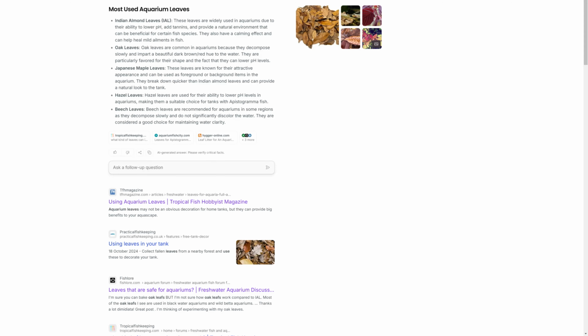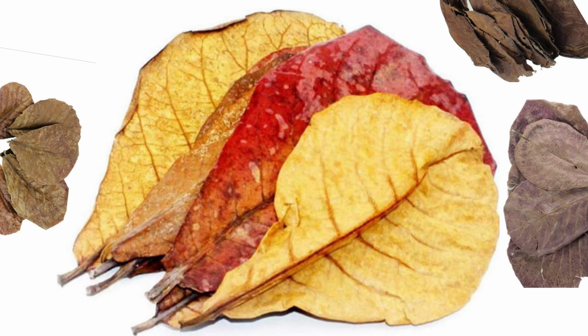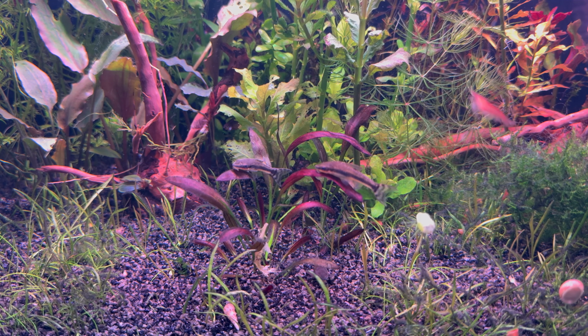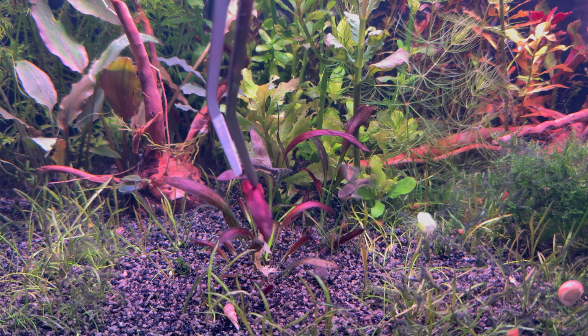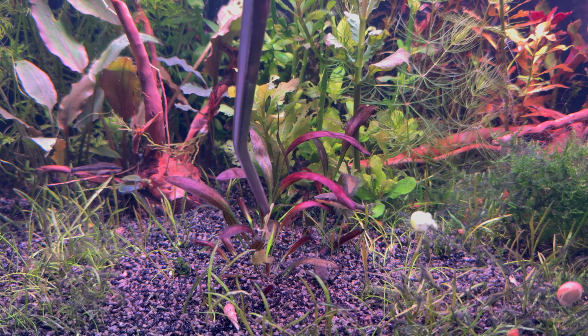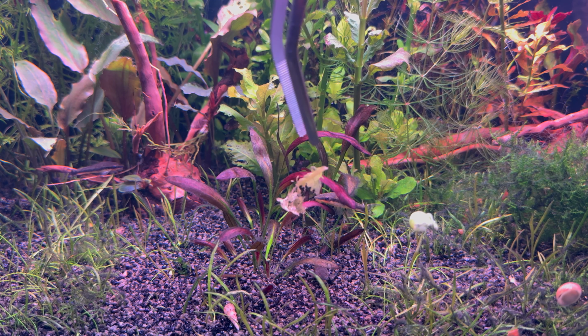To find out the answer to this question, I did more detailed research, after which I found the most used leaves in aquariums and their properties. I noticed that all the leaves used in aquariums are dried leaves. So freshly torn leaves from some plants or trees are not introduced into the aquarium.